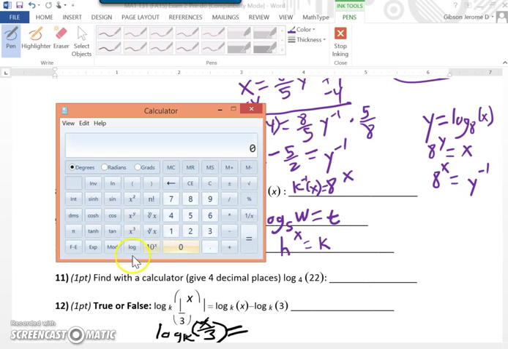But since I don't have that, I have to do it the old school way. So I would take log of 22 and divide that by log of 4. So your final answer rounded to 4 decimal places will be 2.2297.